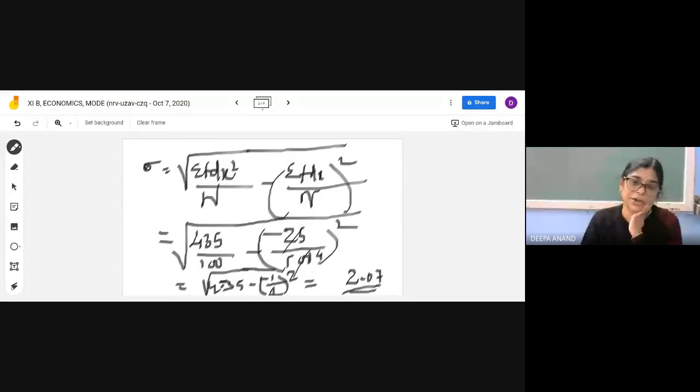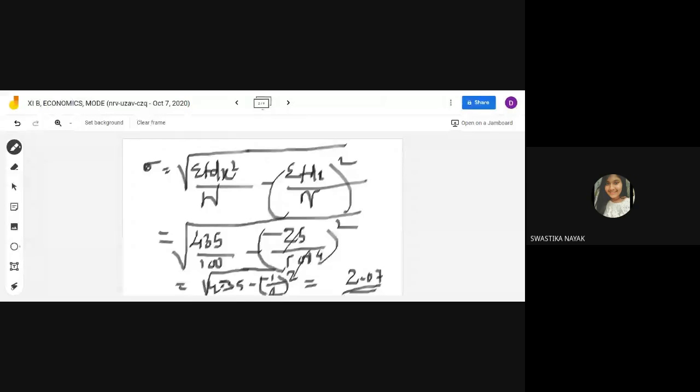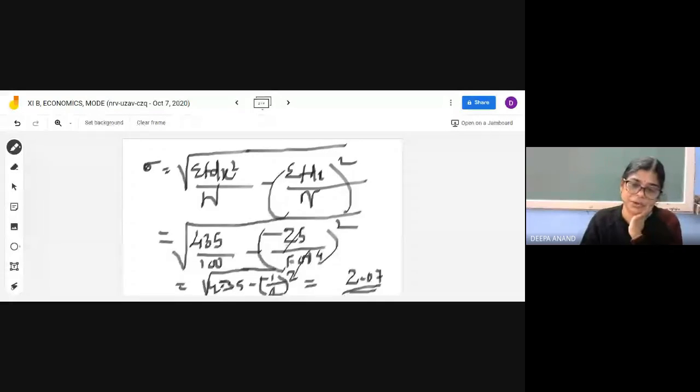What is the decimal of 1/4? 0.25. So instead of 1/4 you can write -0.25. What will the square of 0.25 be? Be careful, do not write a minus, because -0.25 into -0.25 will be plus. Then subtract it from 4.35, then find out the root. Okay, understood it? Yes, ma'am.